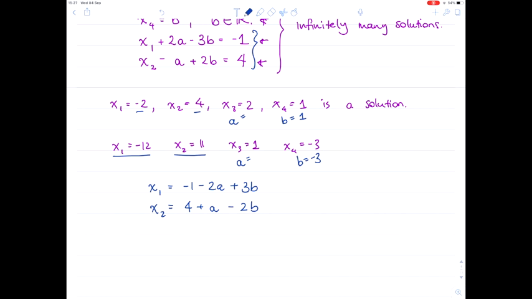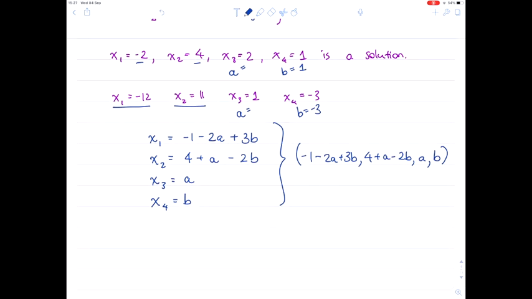And just so that we have the full set, we have x3 is equal to a and x4 is equal to b. So what this means is that any point in the solution set has to look like minus 1 minus 2a plus 3b for the first component, 4 plus a minus 2b for the second component, a for the third, and b for the fourth. And then when you pick a particular value of a and b, that will give you the point.